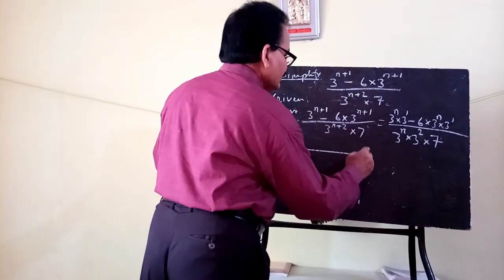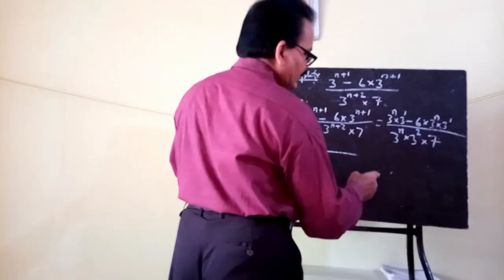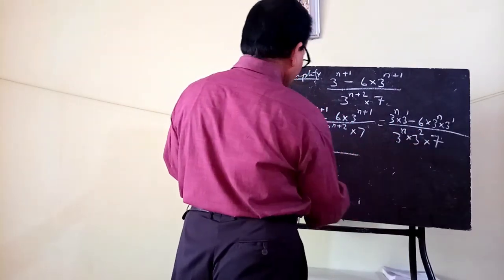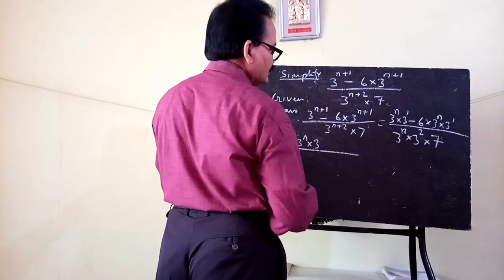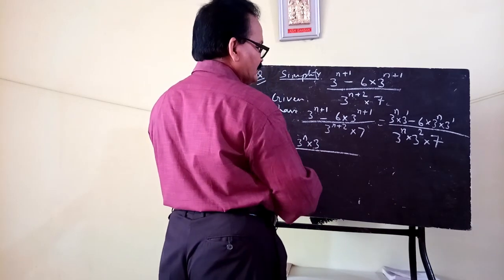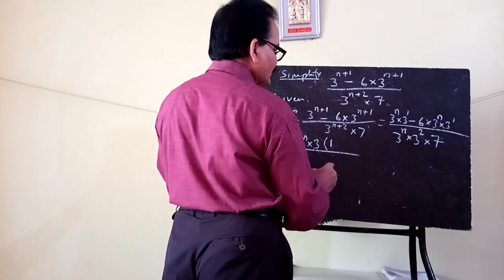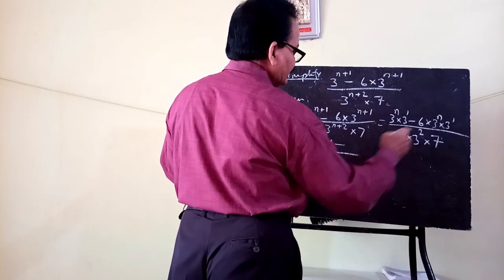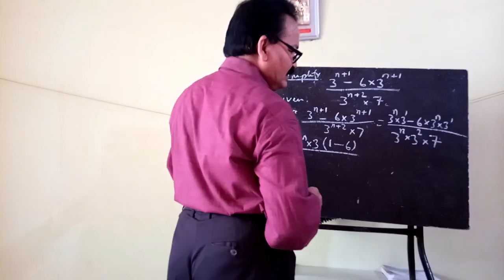Now here from the numerator, you can take out common 3 to the power n into 3. You can take common 3 to the power n as well as 3. So on the left side 1 will be left, and on the right side it will be your 6 here.